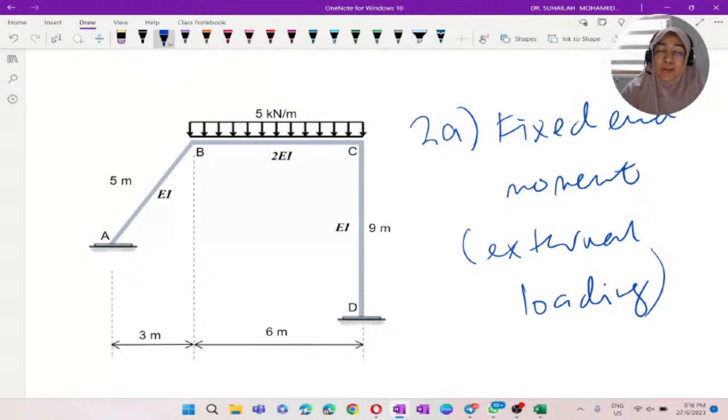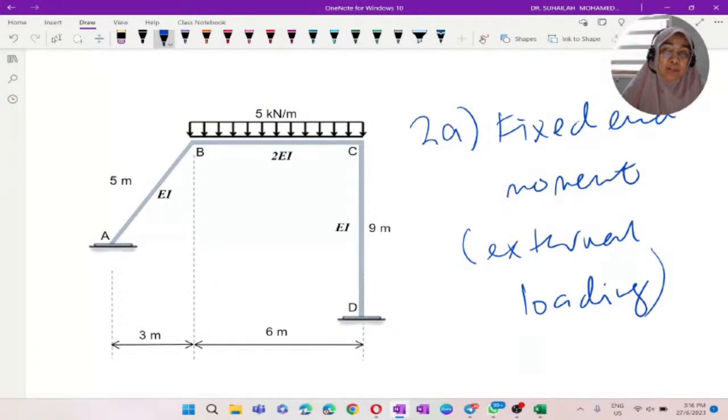The fixed end moment is actually about the behavior. The sign convention that we use for the fixed end moment is based on that behavior. The moment will push the beam back to its original position, because due to loading the beam will deflect.